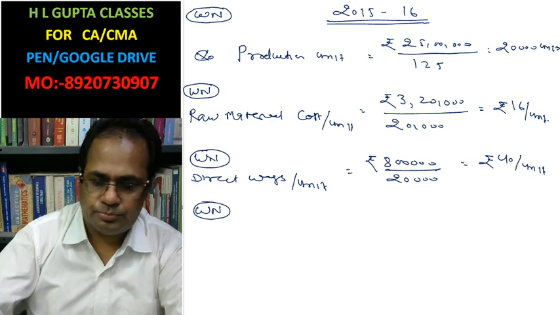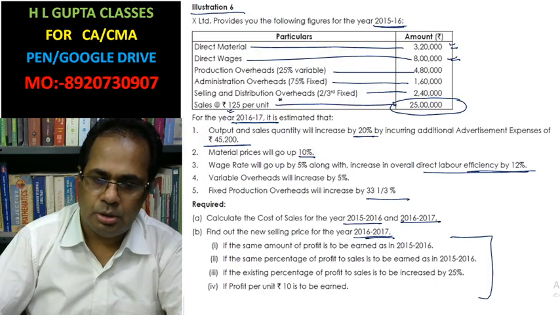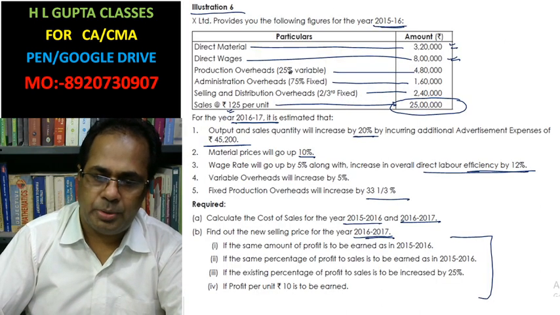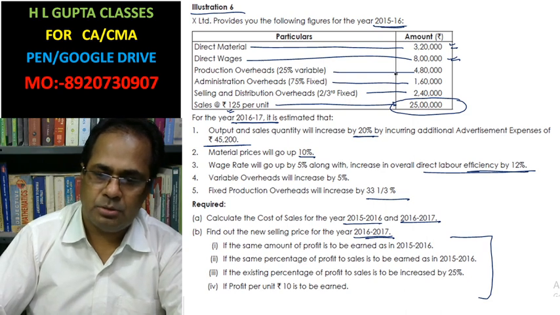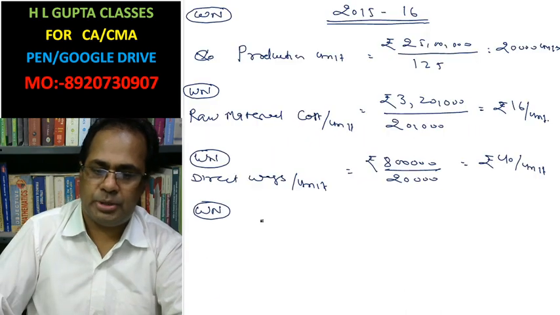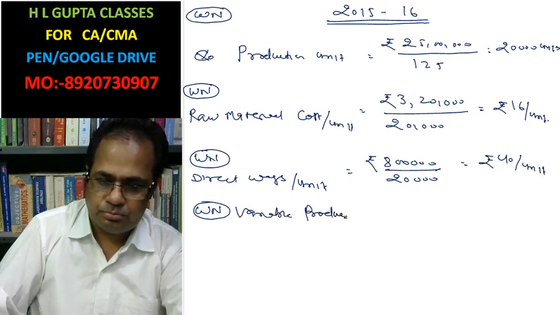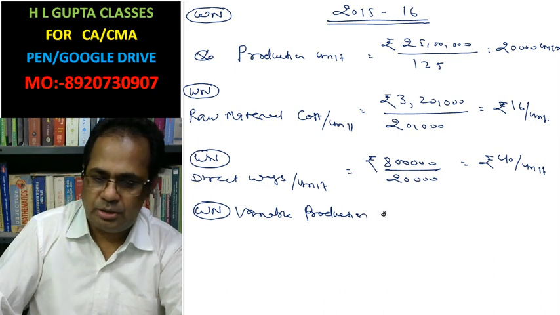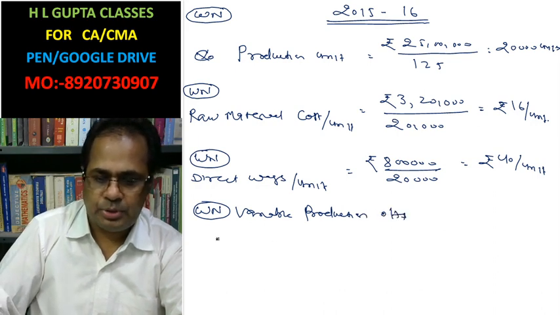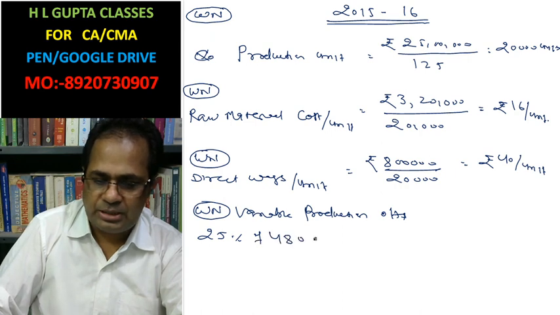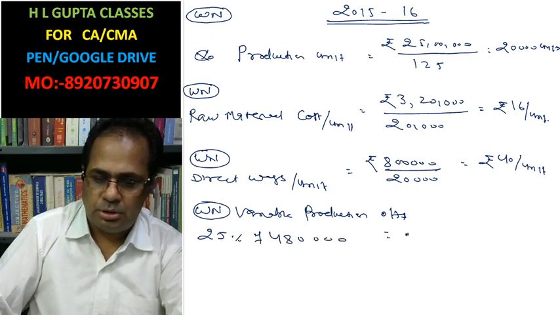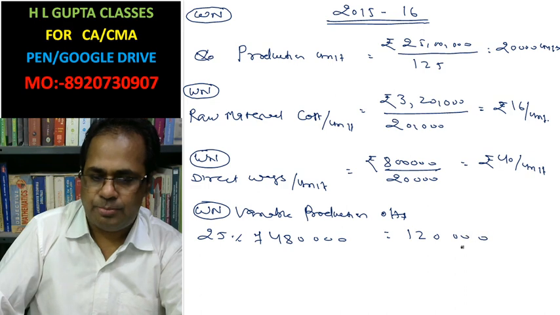Working note. Look at production overhead, 25% variable. So variable production overhead is 25% of 4,80,000. This is 1,20,000.